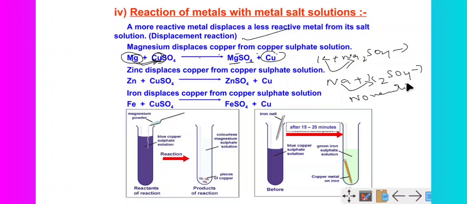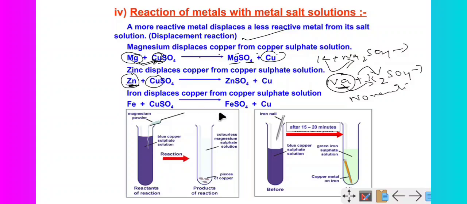Why no reaction? Because sodium cannot displace potassium from its solution. Why? Because sodium is less reactive. So you have to remember that the element being added to the solution of the particular compound should be more reactive than the element in the salt solution.